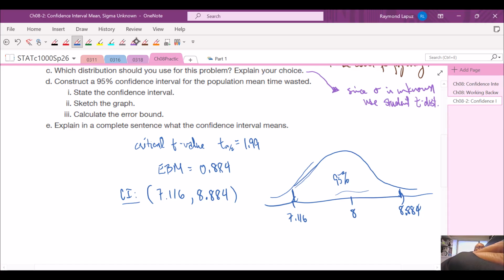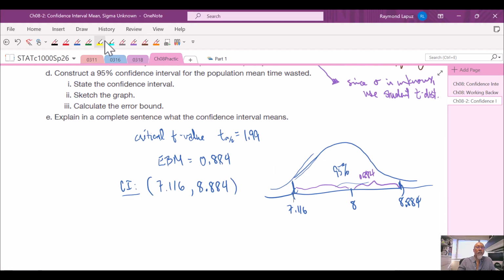Our EBM is going to be this distance over here, 0.884, which is the same as this distance over here as well. So that could be our graph. So I think we got everything here, our EBM, our confidence interval, and our graph.